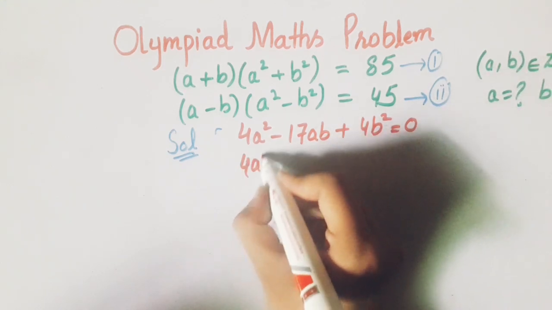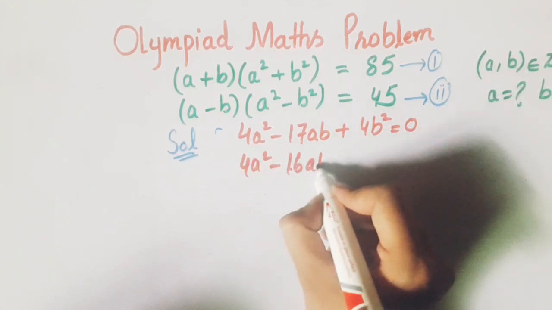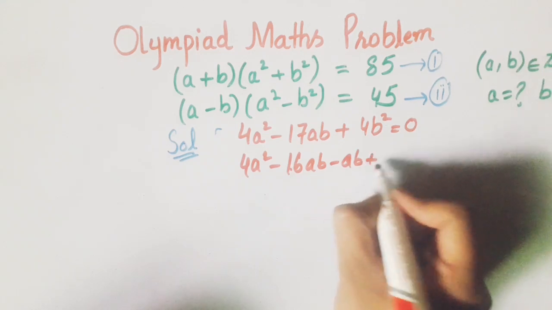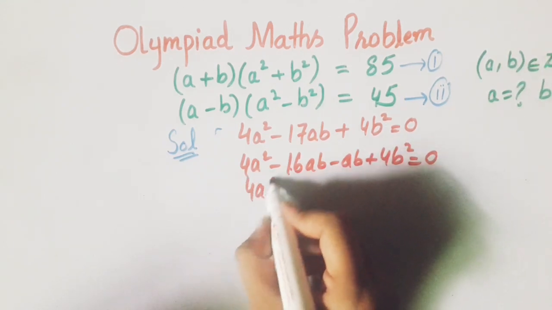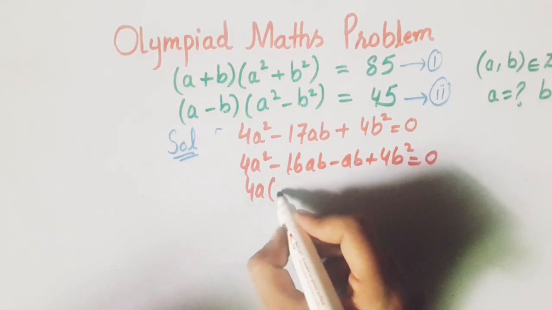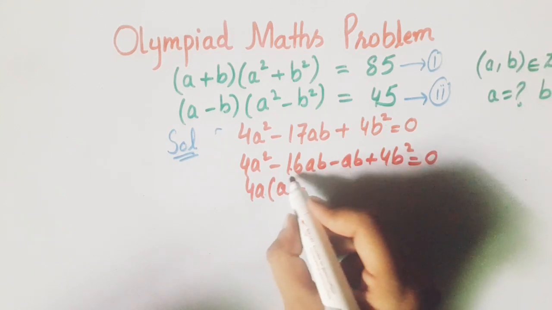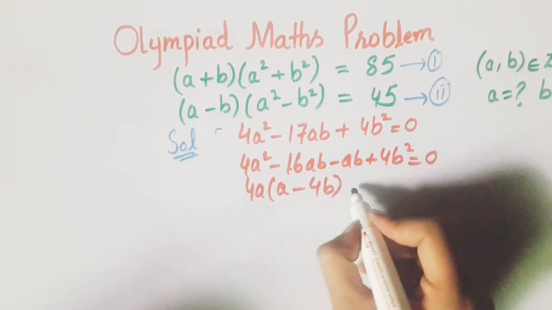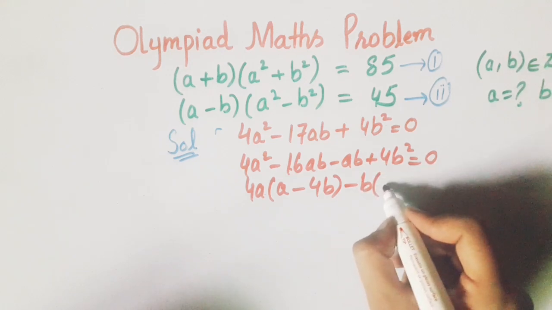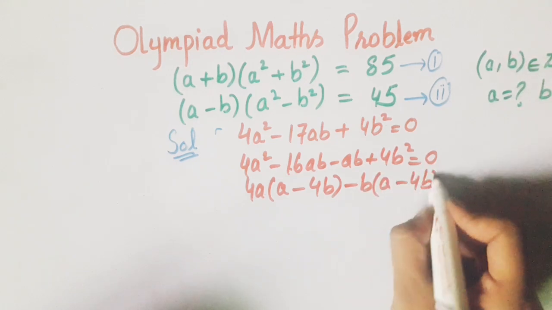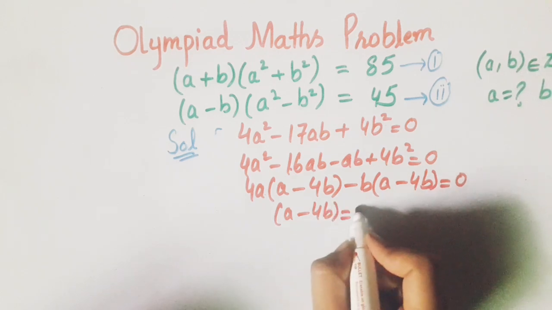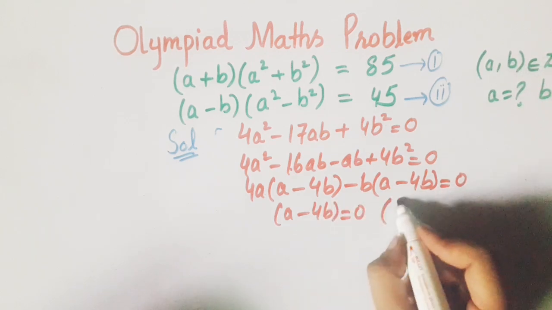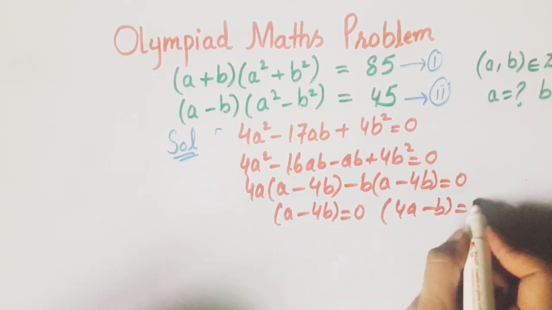So 4a square minus 16ab minus ab plus 4b square equals 0. Now we will take 4a as common, remaining will be a minus 4b, and then we take minus b as common, so remaining will be a minus 4b. So we get a minus 4b equals 0, and the other factor is 4a minus b equals 0.